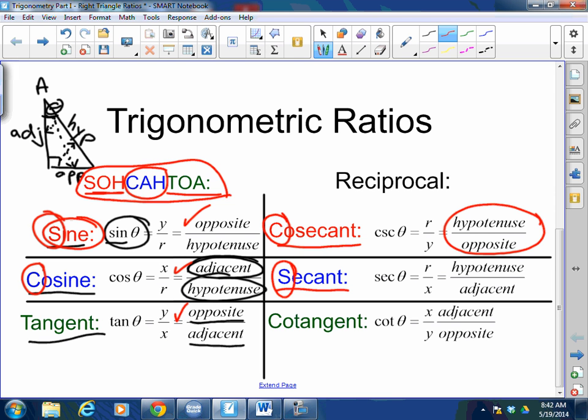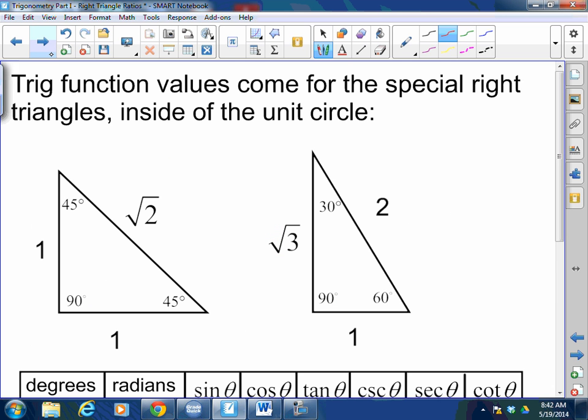I don't know, but that's the way it is. Secant is the reciprocal of cosine, so it is going to be hypotenuse over adjacent. And cotangent, that's the one that really makes sense, is the reciprocal of tangent. And tangent is opposite over adjacent. So my cotangent is adjacent over opposite. You with me here so far? All right. Don't freak out. Okay.